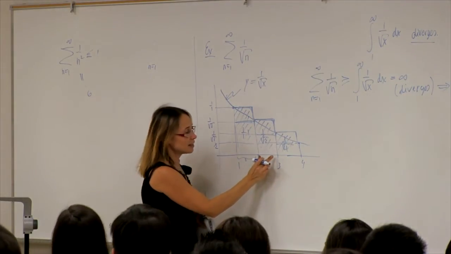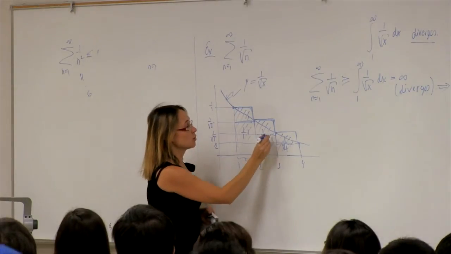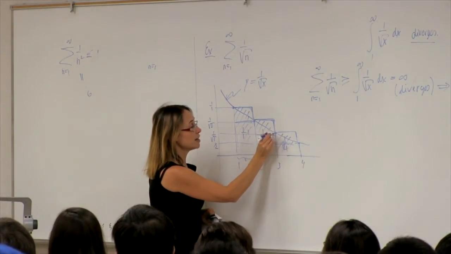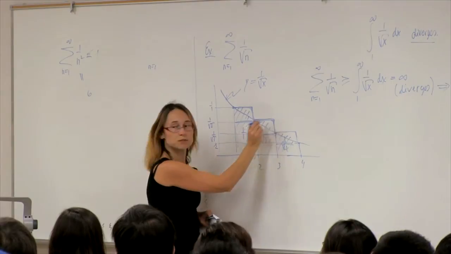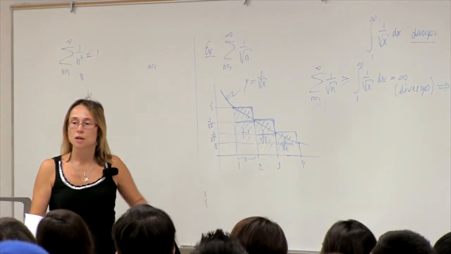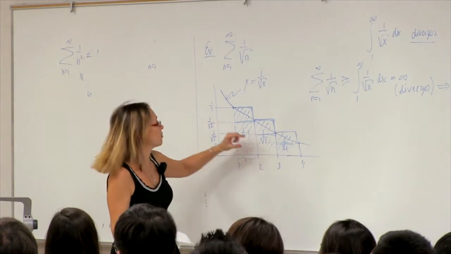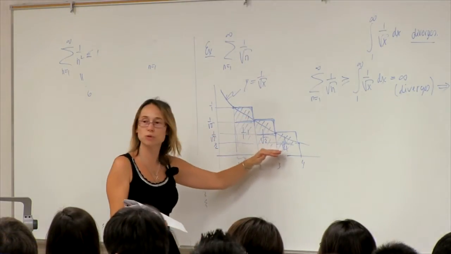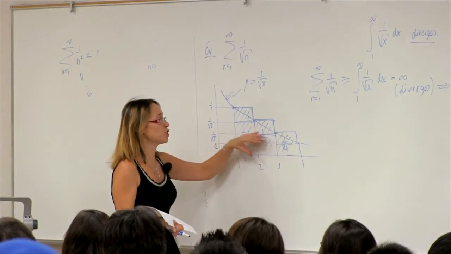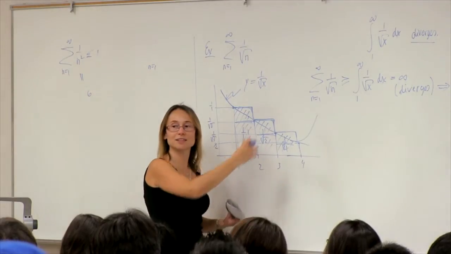For each integer interval like this, you can either use the value on the right, or the value on the left, like with the left-hand rule and the right-hand rule for the Riemann sums. You can either make it bigger than the function or smaller than the function. And it will never change because the function keeps decaying. If the function did this, that would not work at all.